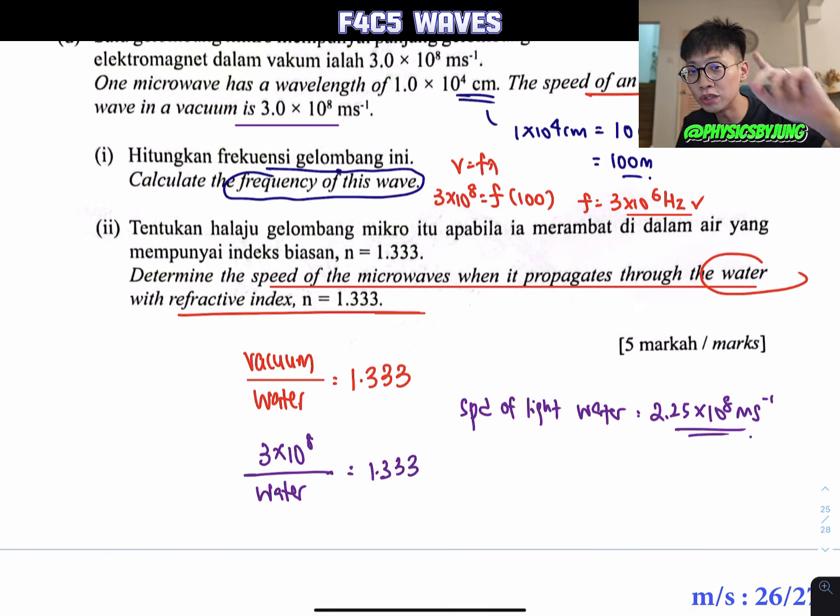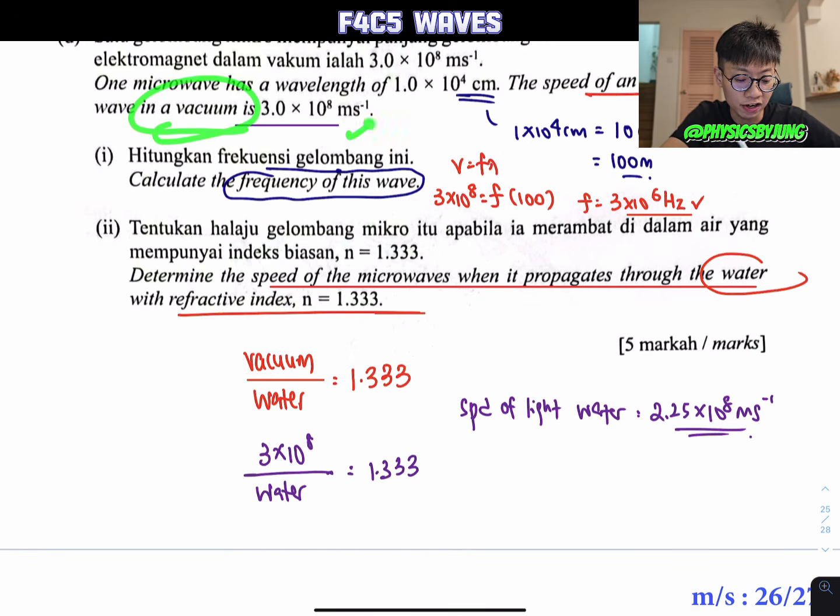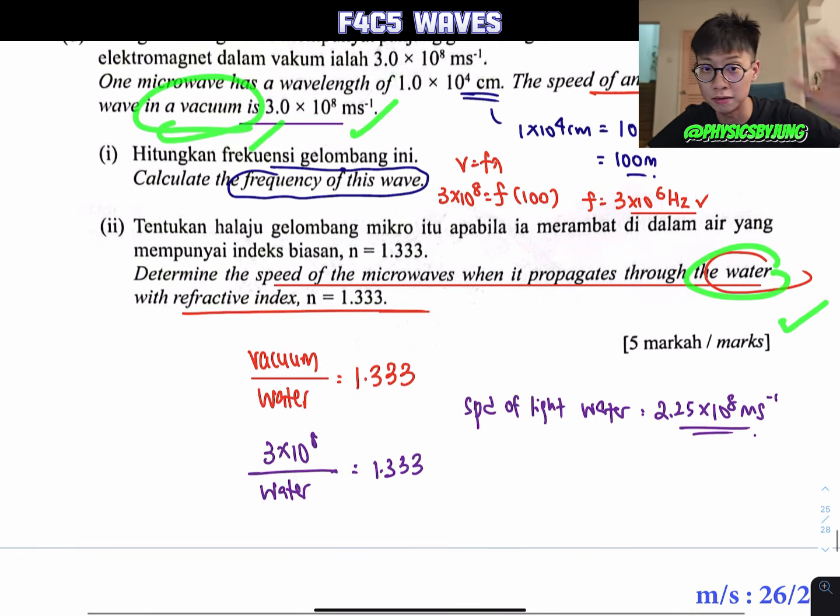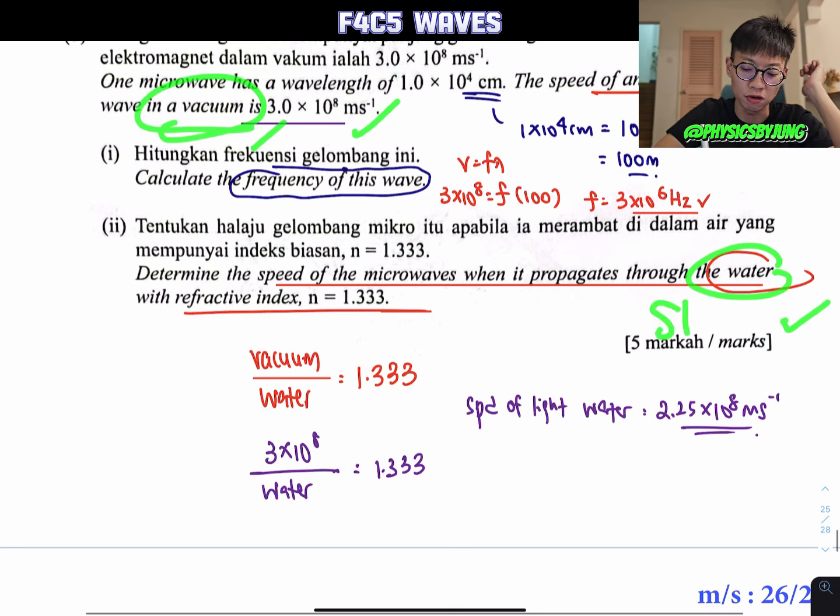Okay, I'll teach you one secret. In the exam, if you suddenly forget which one is on top and which one is at the bottom, ask yourself, is vacuum faster or is water faster? Of course vacuum is faster, because vacuum has no resistance. So water will be slower.